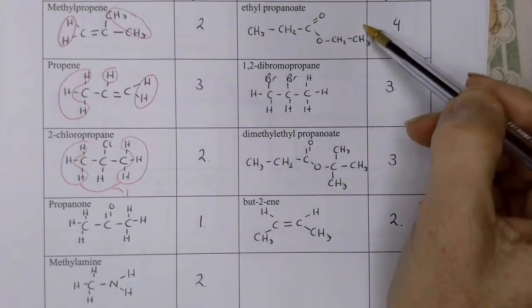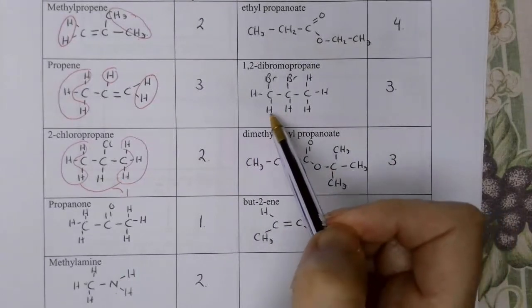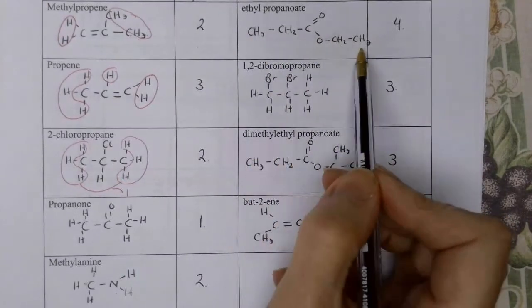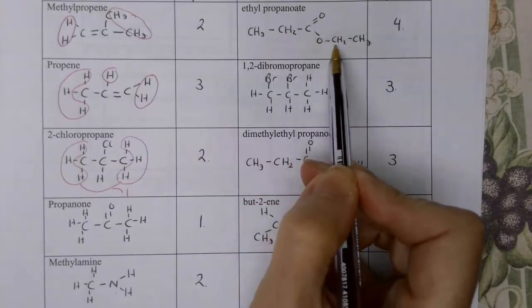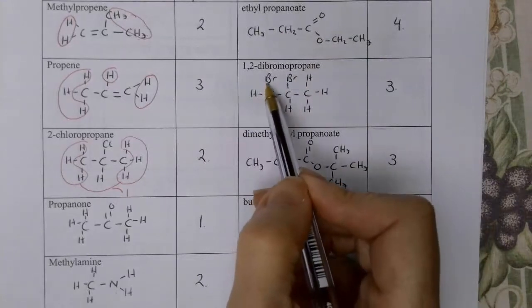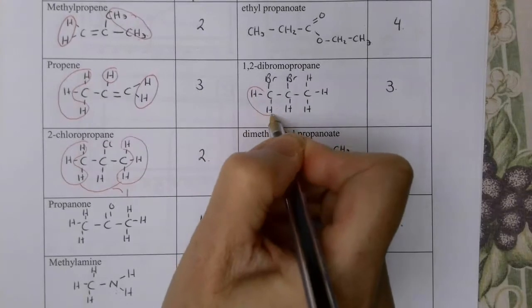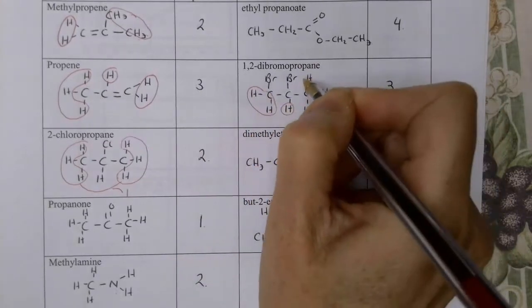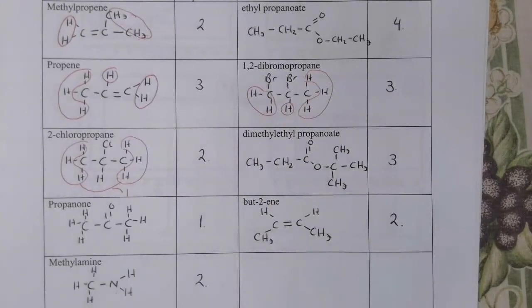With things like esters, each of these hydrogens is in a separate environment. Some of them will be quite close and might even overlap, but they are 4 distinct signals. If I take something like 1,2-dibromopropane, I will have 1, 2, 3 different hydrogen environments.